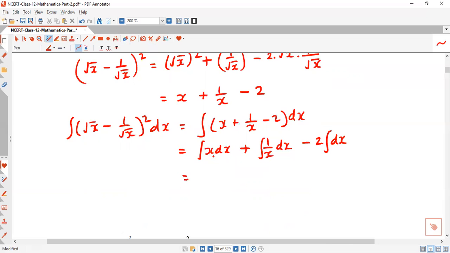Integration of x, we know, is x square by 2. The integration of 1 upon x, we know, is log x. This is the formula of the log x. So it is x square by 2 plus log x minus 2x plus some constant c. This is the answer.